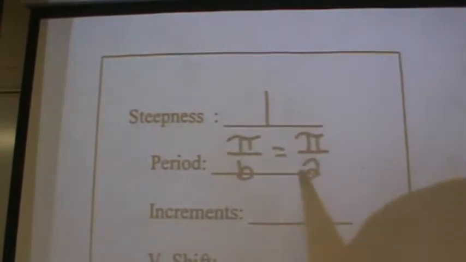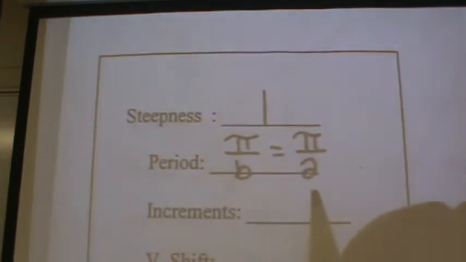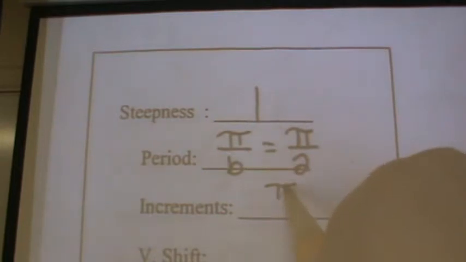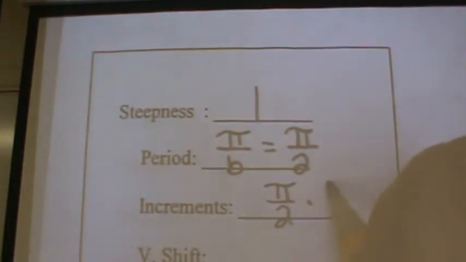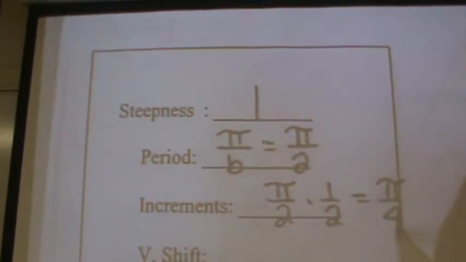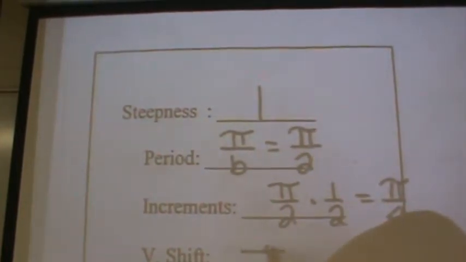So now we're going to do this whole cycle within half a pi, not a whole pi. Your increments, you have to cut this in half because there are 2 increments for tangent. So pi over 4. There's no vertical shift here. So now we're going to count by pi over 4. So think of this as pi over 4, and this is negative 1 pi over 4.